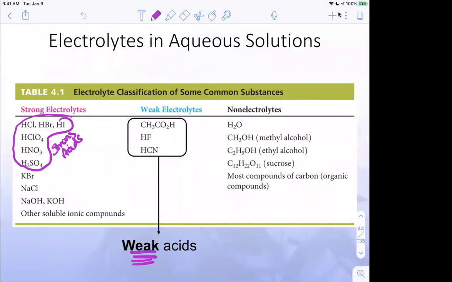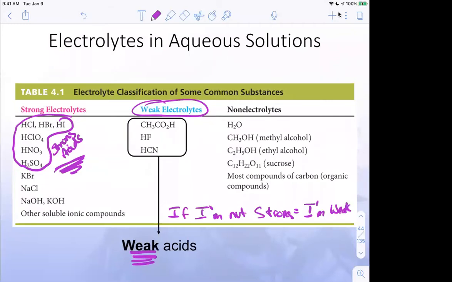Excuse me, some books mention HClO, hypochlorous acid, as very strong as well. But if I'm not strong, I'm weak. So if I'm not one of these, I'm a weak electrolyte if I am an acid.